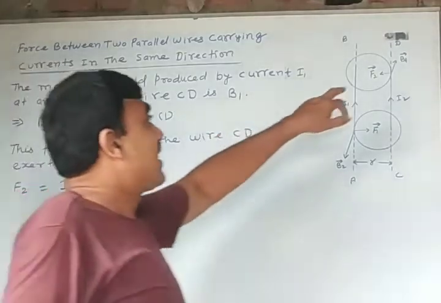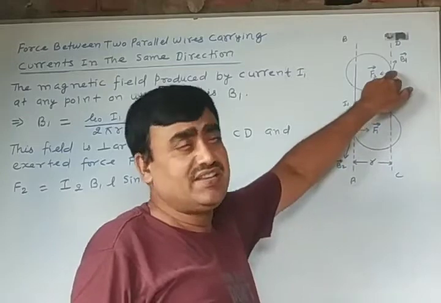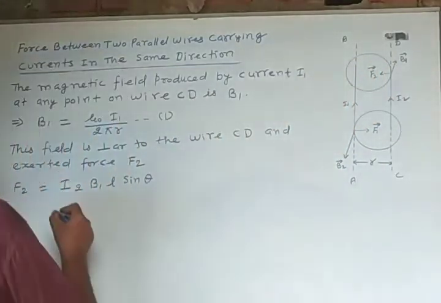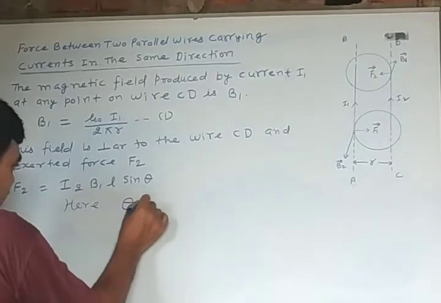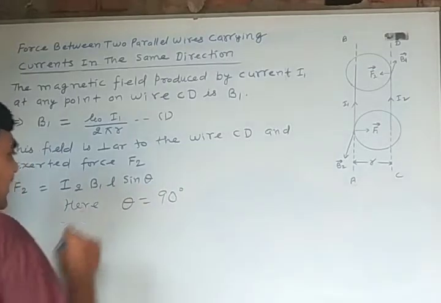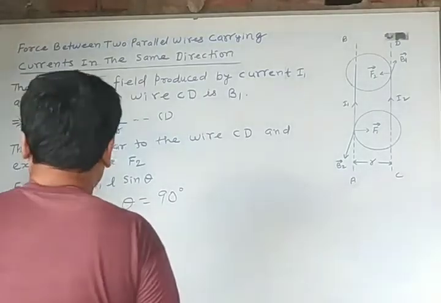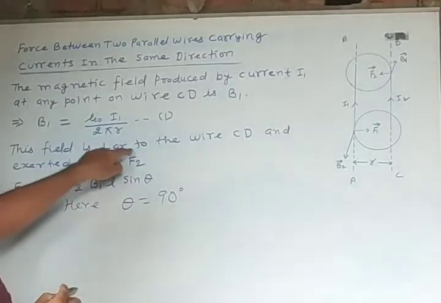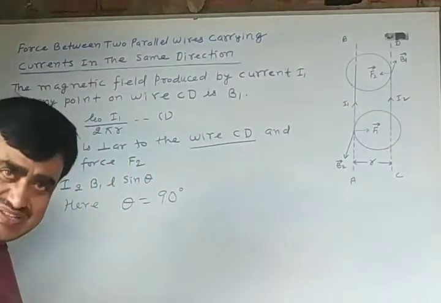Here the magnetic field is perpendicular to the wire CD, therefore theta is equal to 90 degrees.